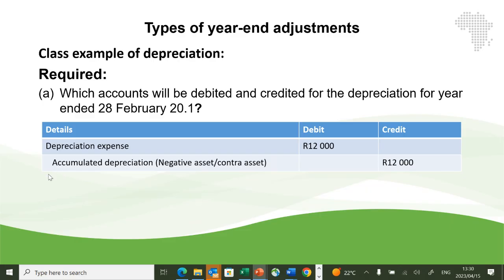So as we are crediting the accumulated depreciation, we are increasing it, because it's a negative asset. It's going to behave the opposite way of a normal asset, which increases on the debit side and reduces on the credit side, but a contra asset will increase on the credit side and reduce on the debit side. So accumulated depreciation will be credited by how much? By 12,000.